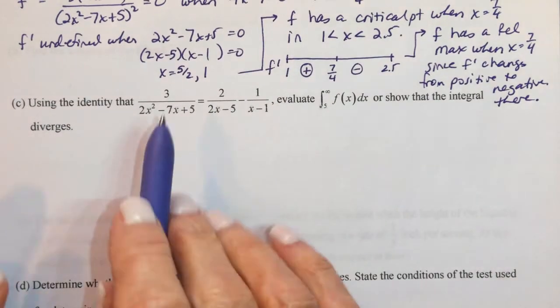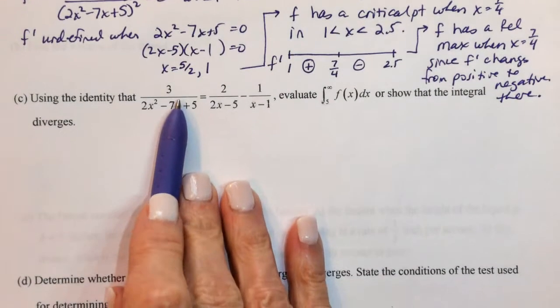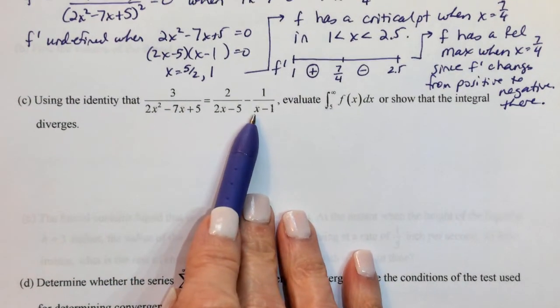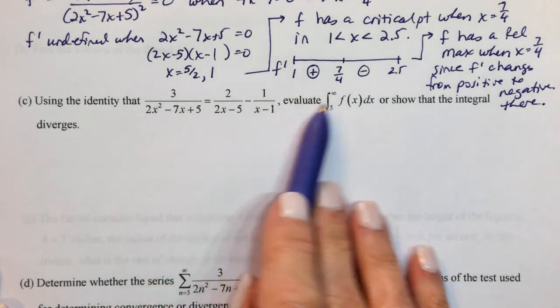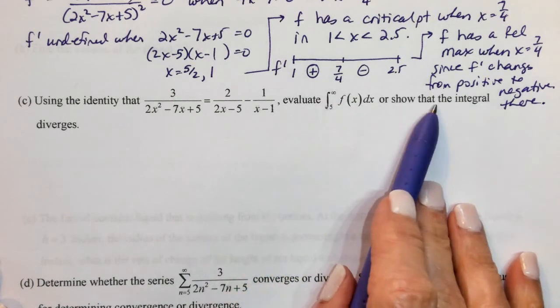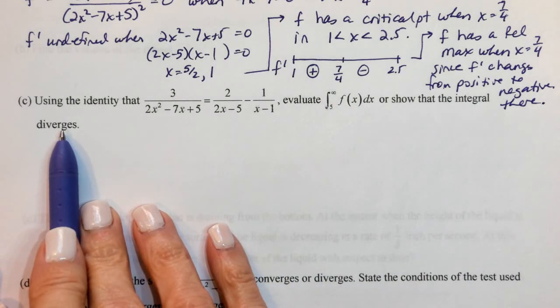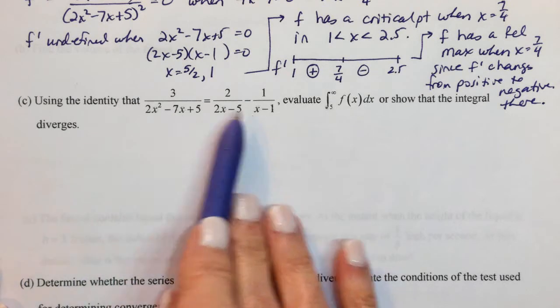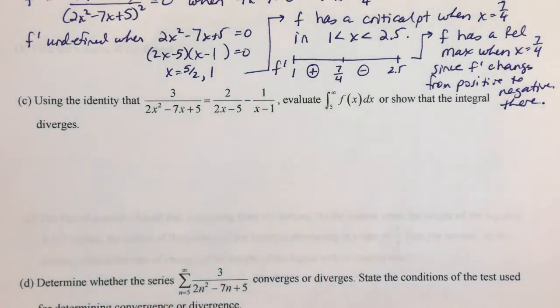All right, part C. Using the identity that this function, which was our f, f is equal to this, evaluate this improper integral or show that the integral diverges. So what they did here was they did a partial fraction decomposition for us. We don't have to go do it ourselves.